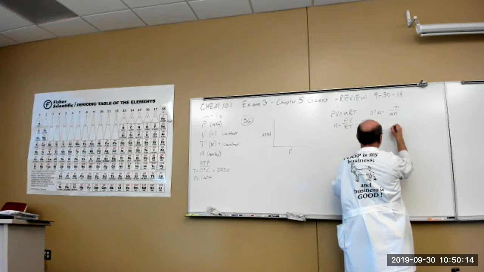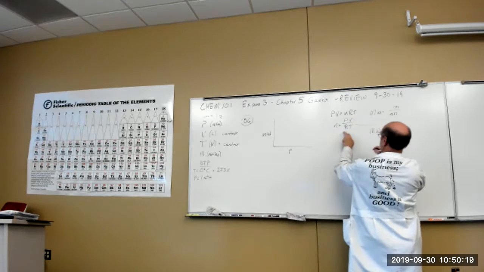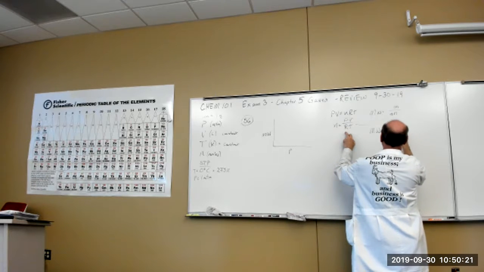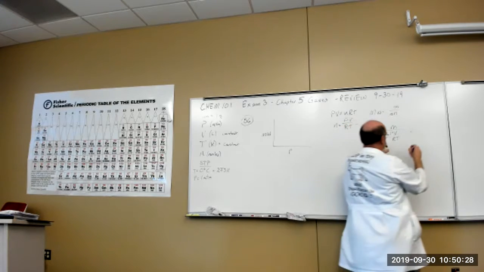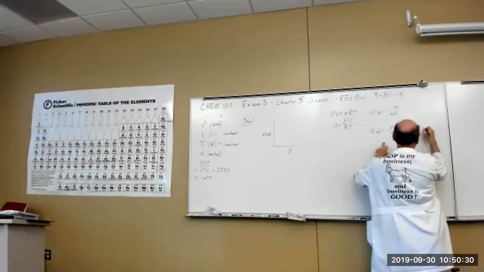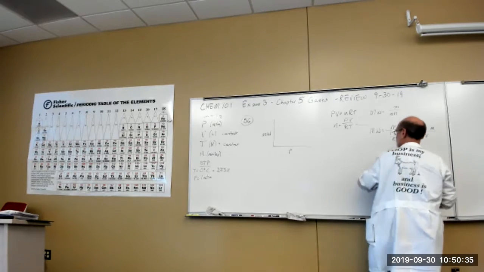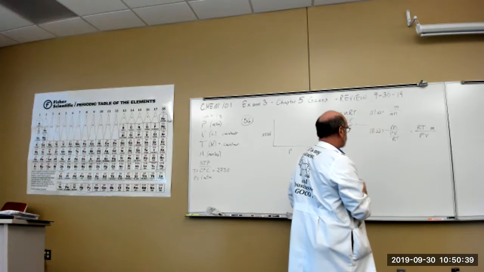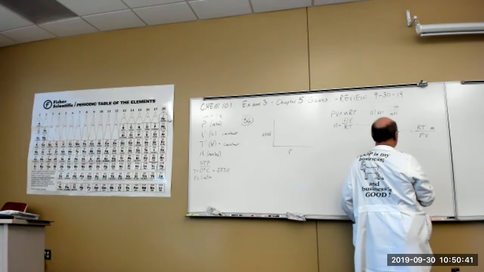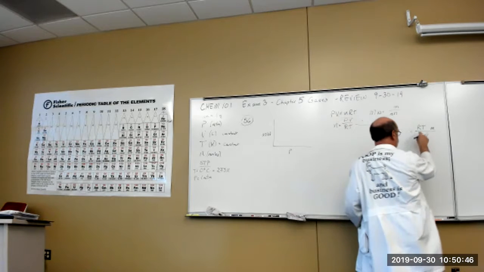So we substitute this one right here. Molecular weight equals mass divided by PV over RT, and the denominator of the denominator is the numerator. So this is RT mass over PV. And if we're going to let pressure vary, then everything else has to be held constant.